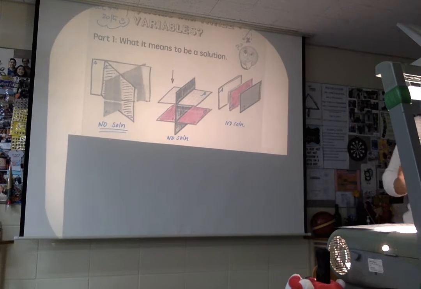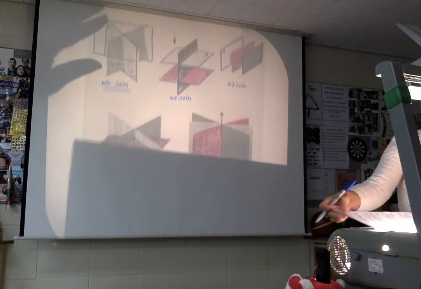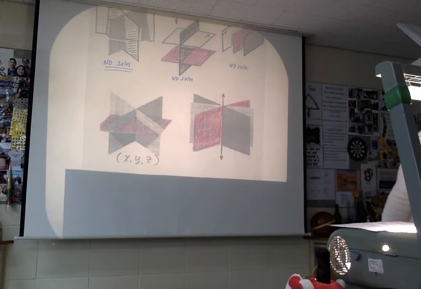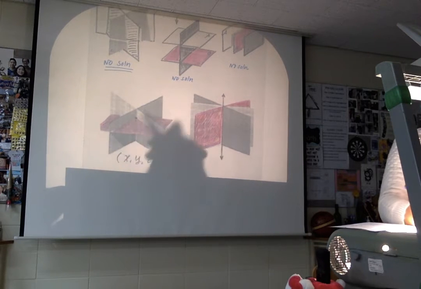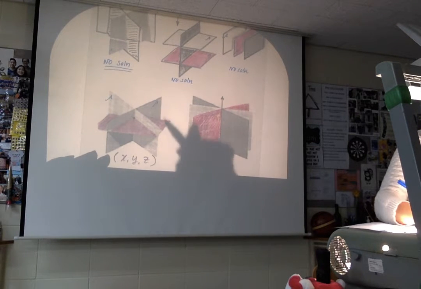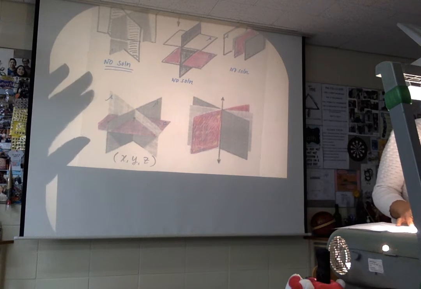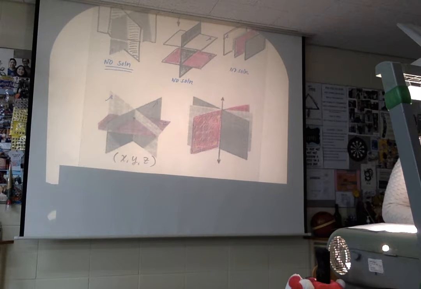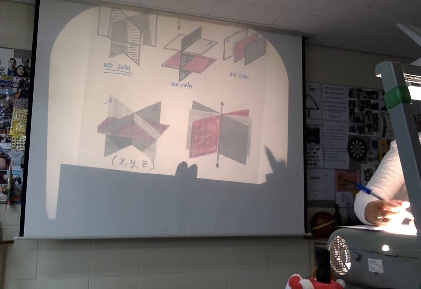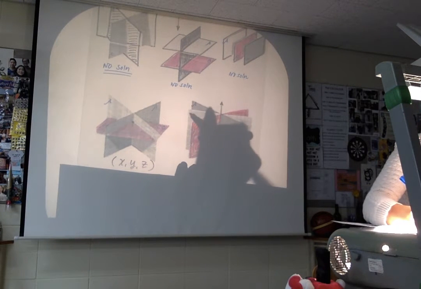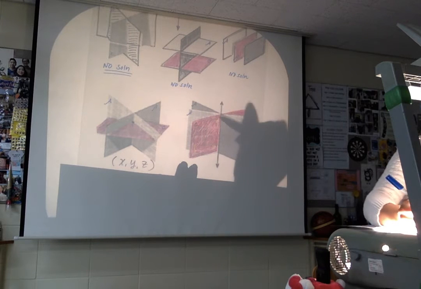So now let's look at some that have a solution. Now these clearly have an intersection. You see at this point here, these three planes intersect: plane A, plane B, and plane C. You can see all three of them intersecting. How about here? That's clearly also a solution. This is a case where plane A, plane B, and plane C intersect at a line.